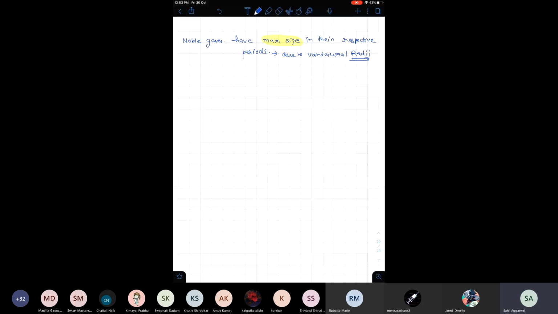Noble gases have maximum size in their respective periods due to van der Waals radii. Understood?